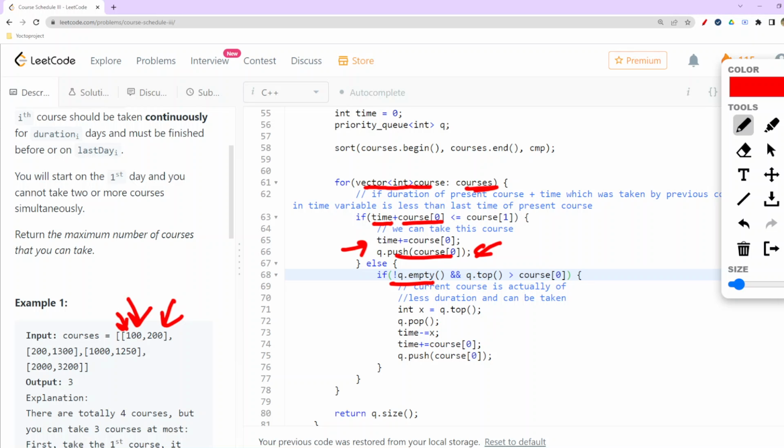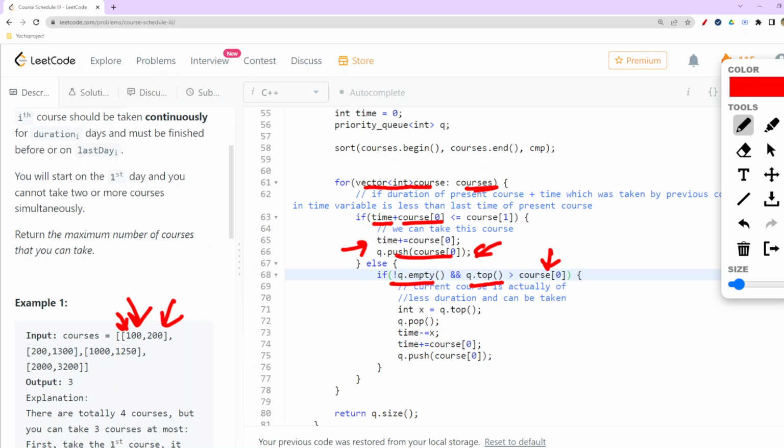So we'll check whether it is empty or not, and if it is not empty and the top is greater than the duration of the present course, that is, the current course is of lesser duration and can be taken, because our max heap has the maximum duration at the top, so we can compare them and get them out.